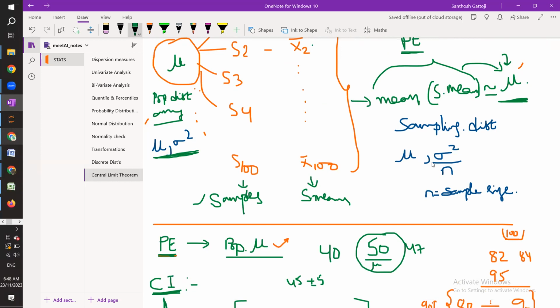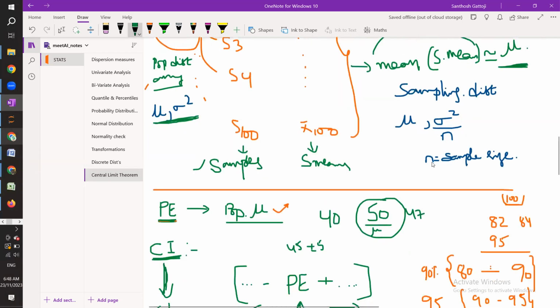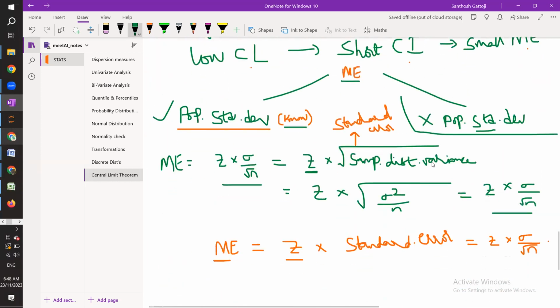That's what we are using here. The square root of sigma squared by n is equal to z into sigma by square root of n.